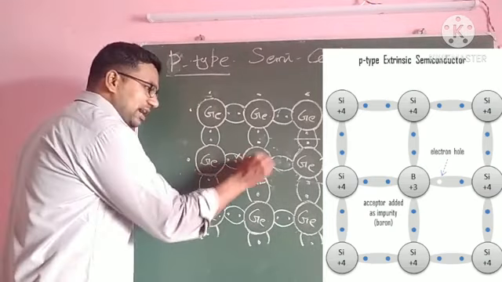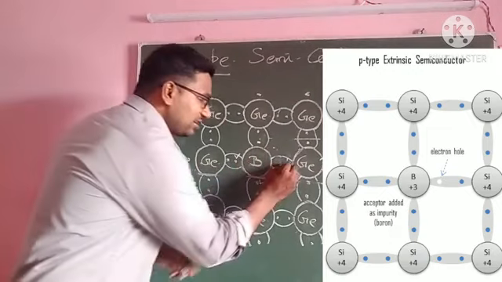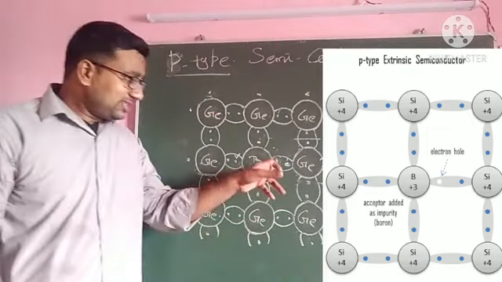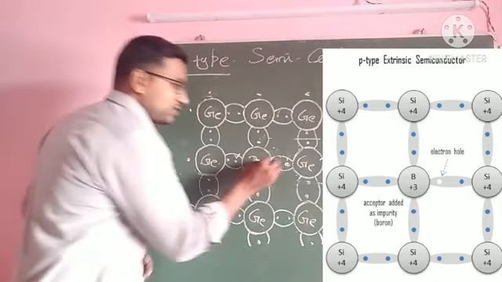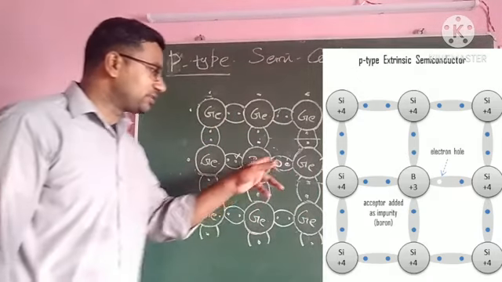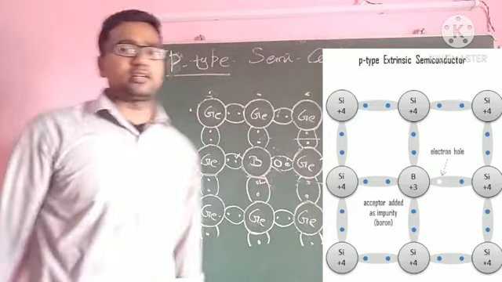So if you add the trivalent atom to the intrinsic semiconductor, one electron is deficient to bind the neighbor atoms. This deficiency will be managed in the semiconductor. It is formed like opposite poles. That means the opposite charge of an electron is a hole. Instantly it will be regenerated.